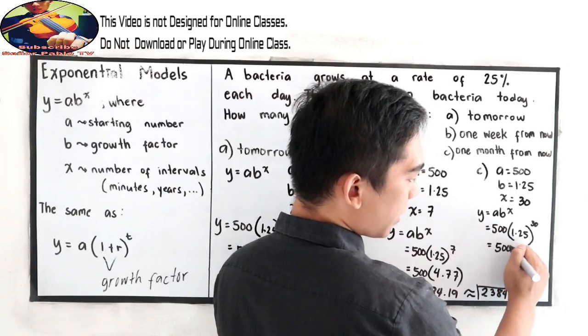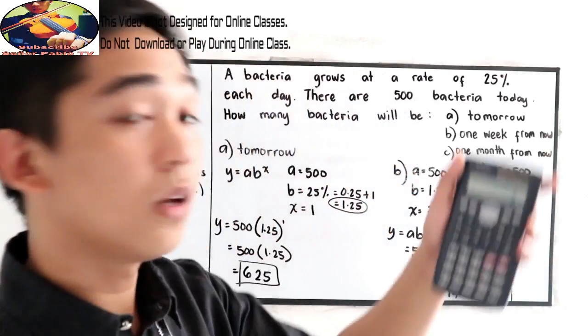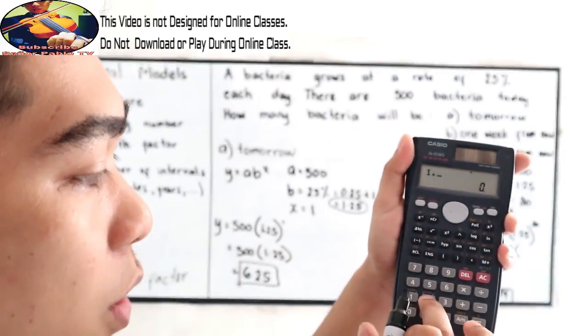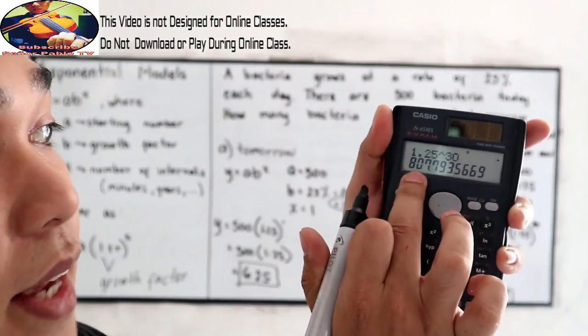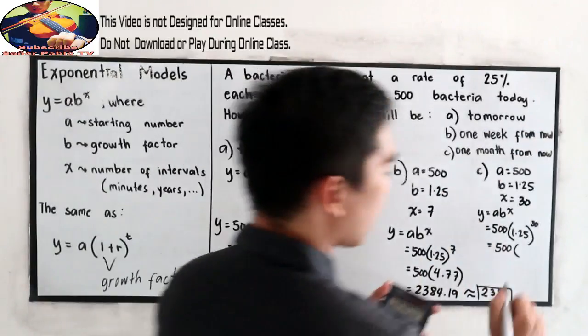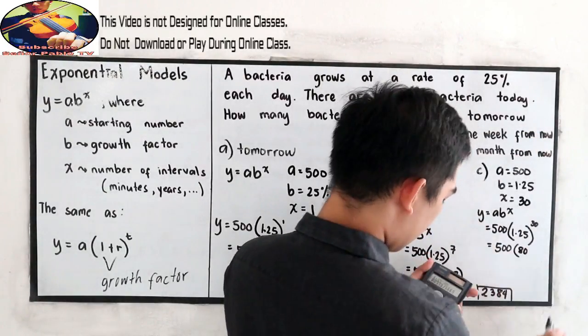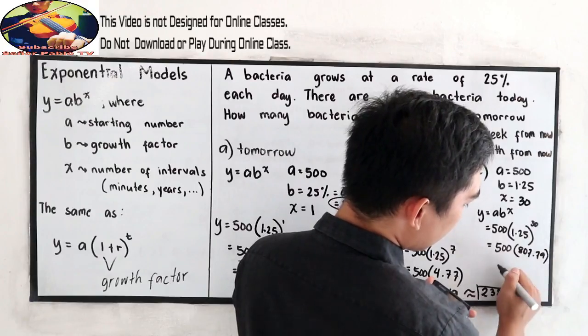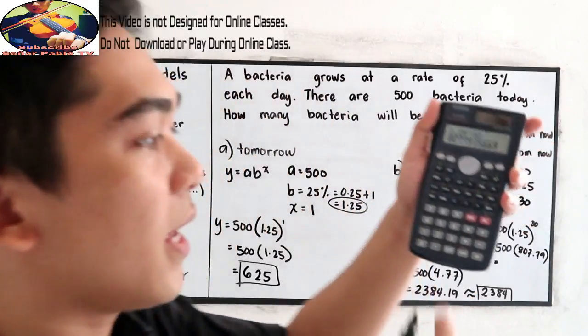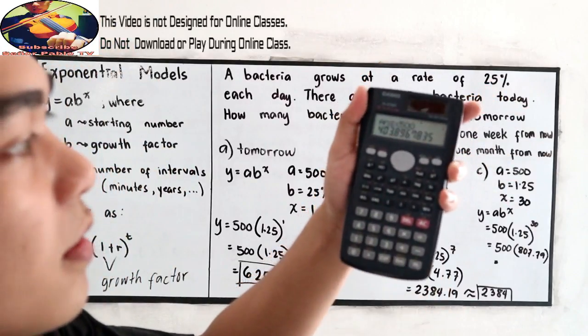So 500 times 1.25 raised to 30. That is 807.79. Then just multiply it by 500.